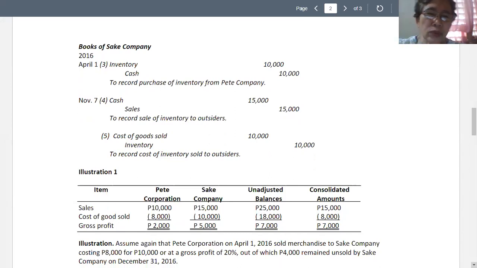Sales in the books of Pete and Sick and the unadjusted balances, taking the total. Now, for the consolidated amount, it's only 15,000, taking this from the books of Sake. For the cost of goods sold, the real cost of the goods is 8,000, now extended to the consolidated amounts column.